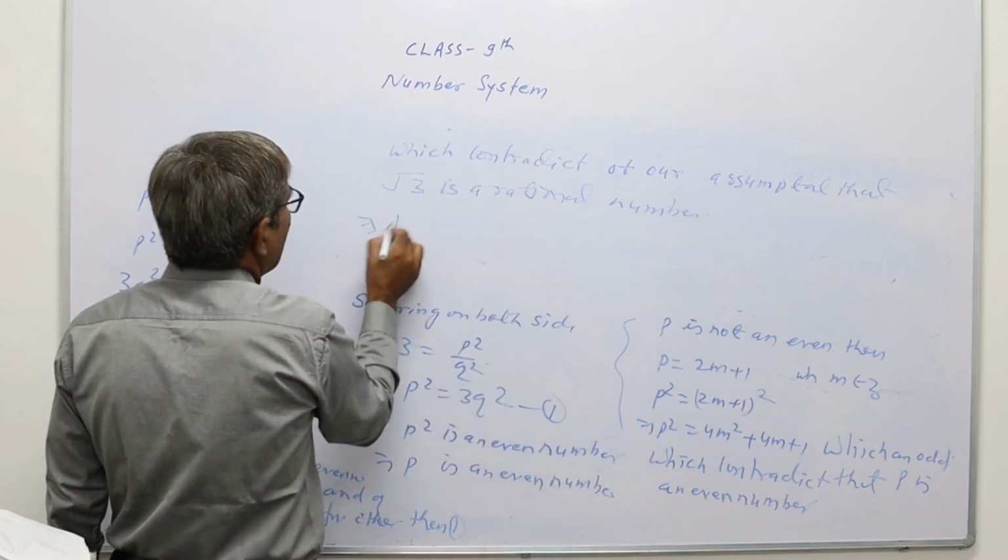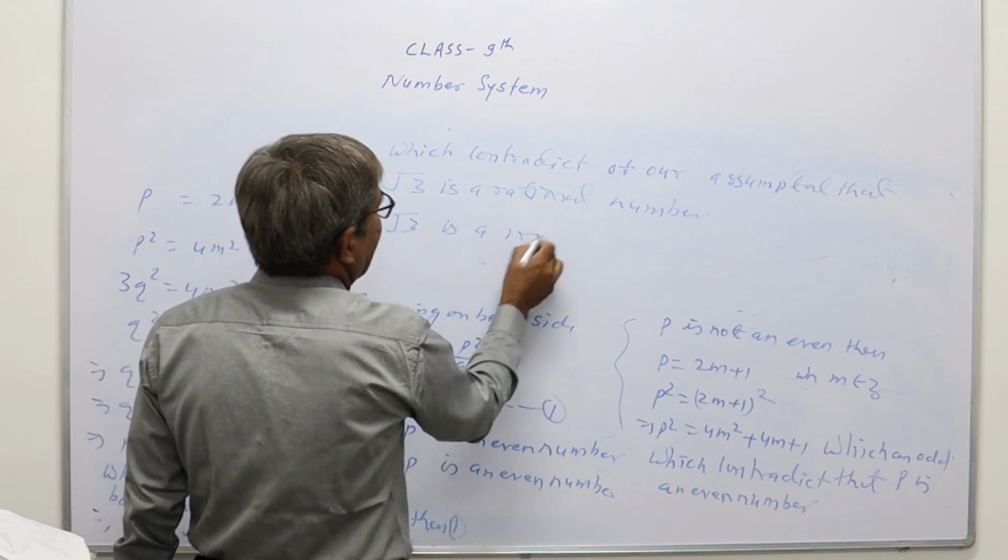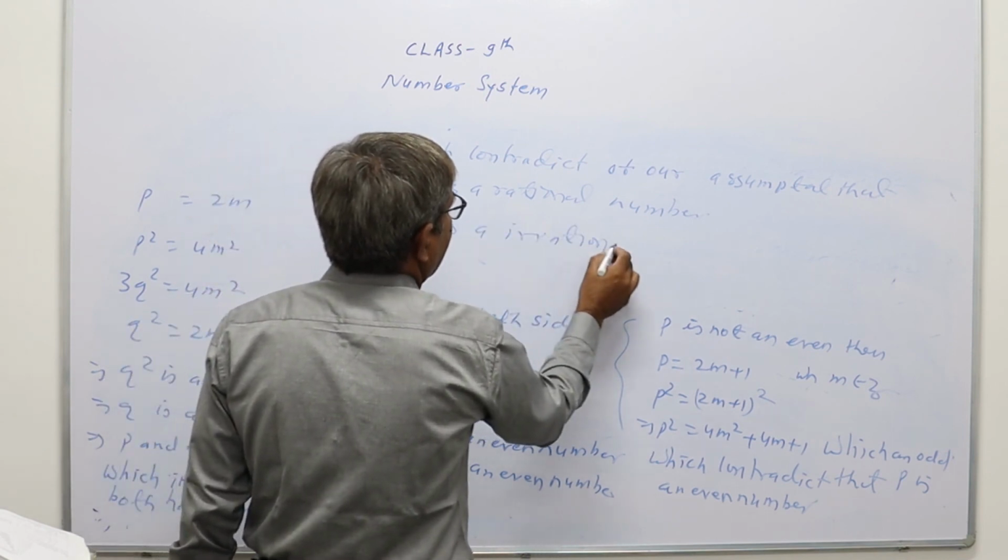This implies that root 3 is an irrational number.